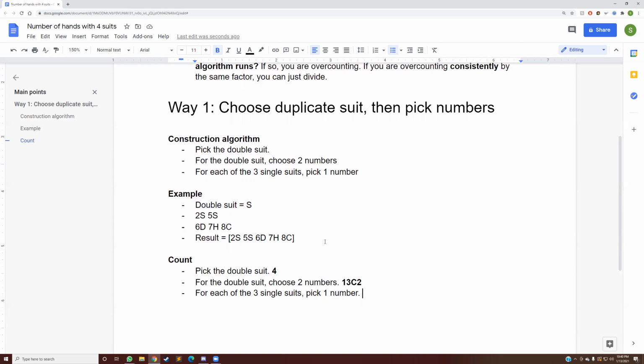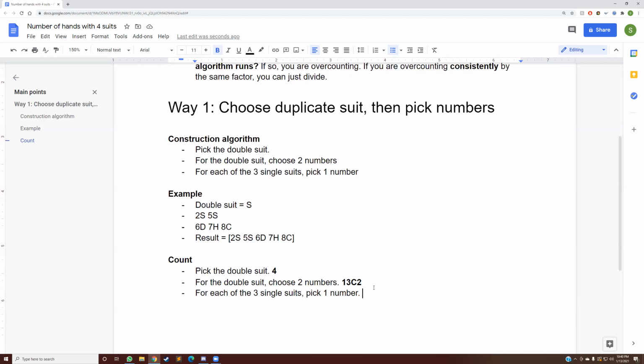As much as possible, try to think of a solution that does not introduce any overcount. Your strategy right now introduces an overcount and then corrects it by dividing, right? But we don't have to do that. If you can do it correctly on the first try, why don't we do it?